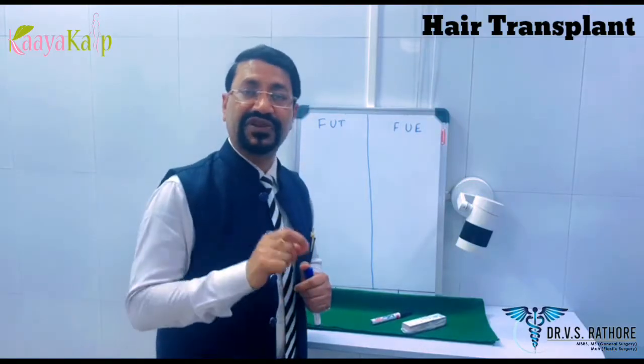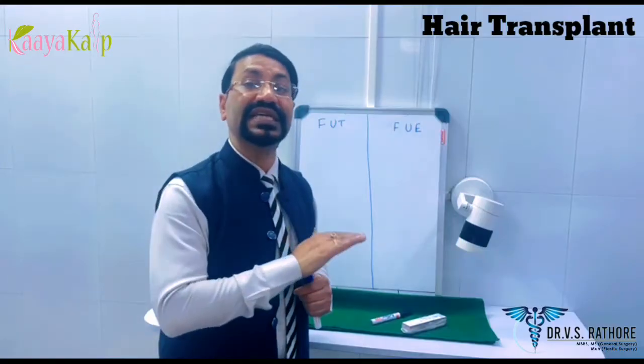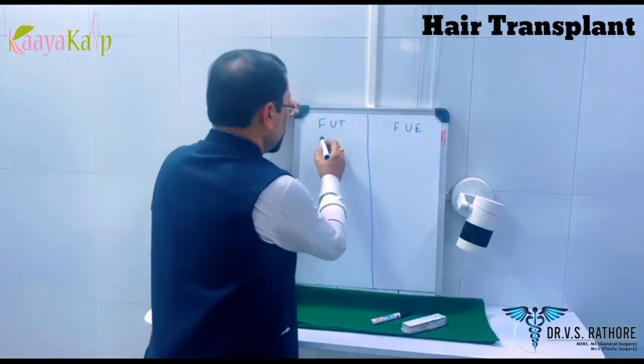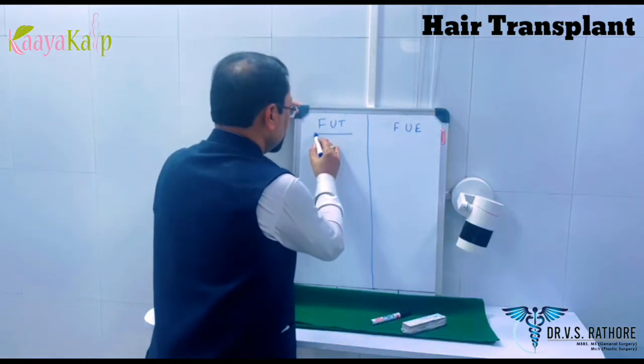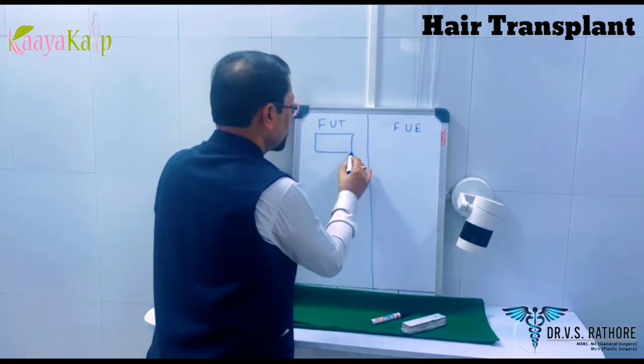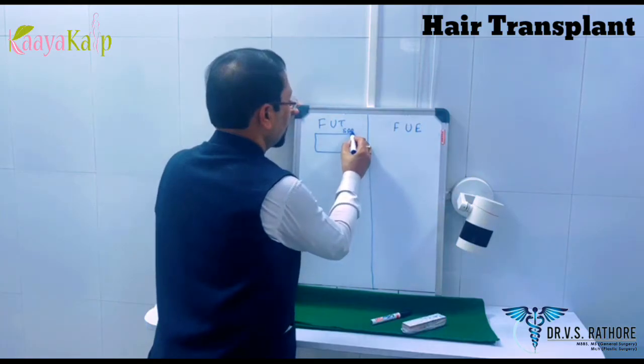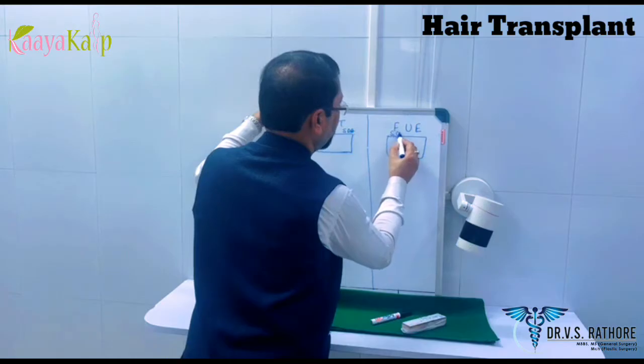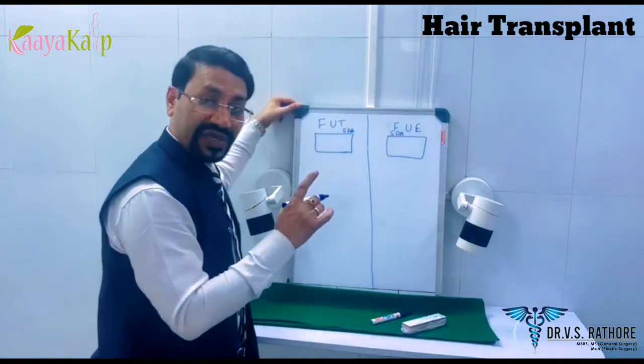So the safe donor area is fixed in each and every individual. Suppose in this fixed area, this is the safe donor area, and in another patient, this is the safe donor area in which I am going to do an FUE.